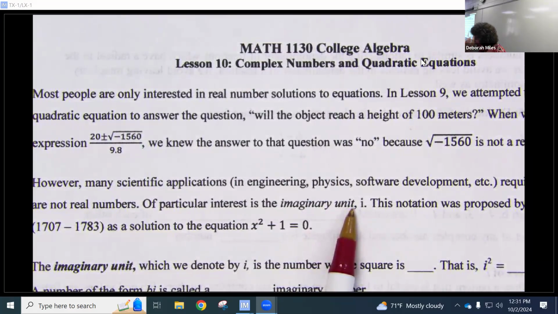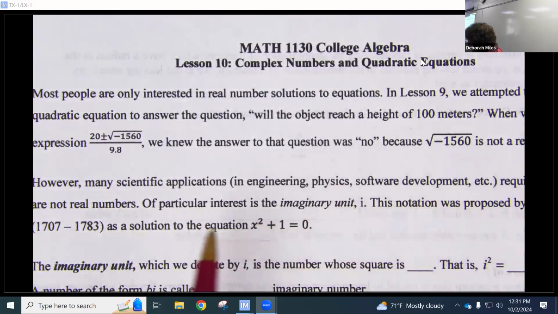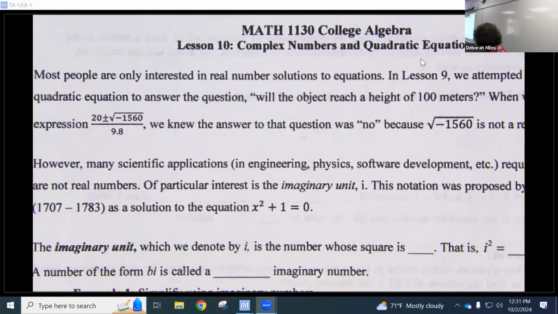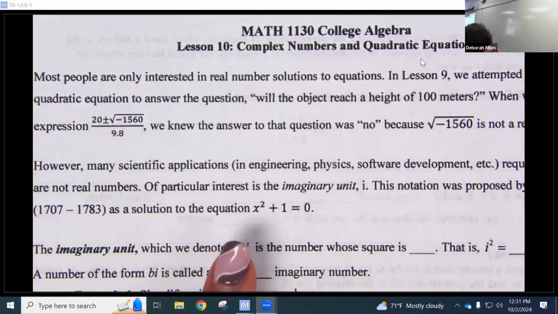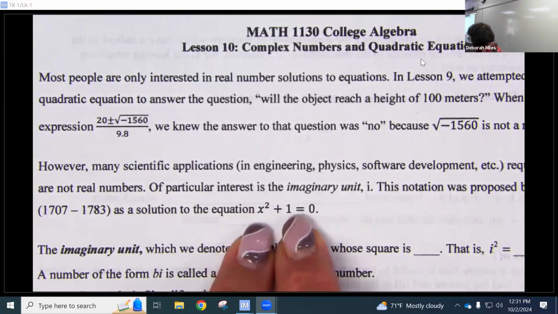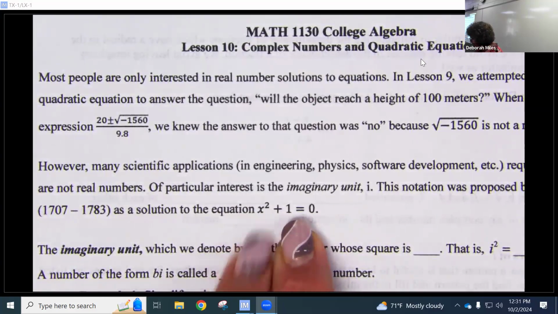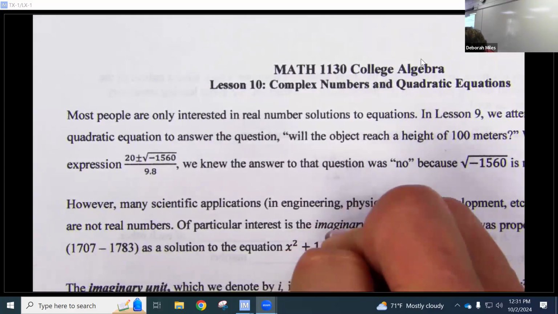Leonhard Euler, sometime in the 1700s, was the dude, because women weren't allowed to do math back then. Leonhard Euler was the dude who says, I'm going to invent notation for the solution to this equation. This equation has stumped mathematicians for centuries. I'm going to invent something that we can use to solve this equation. Now, at first, maybe he wasn't stumped. He just subtracted 1 from both sides.